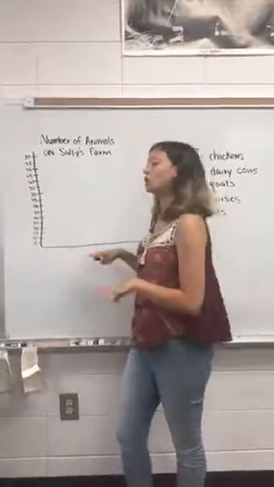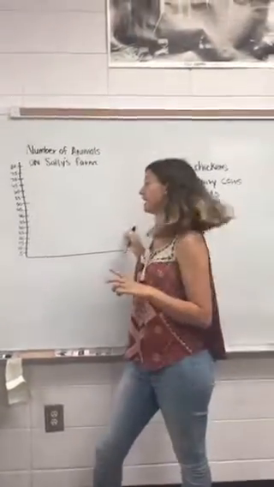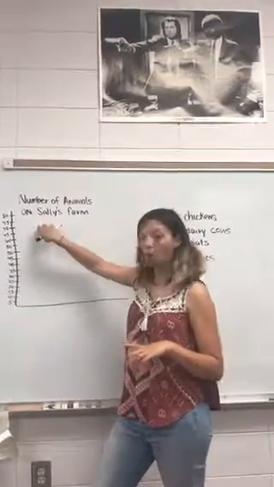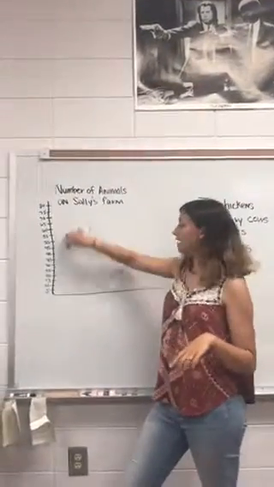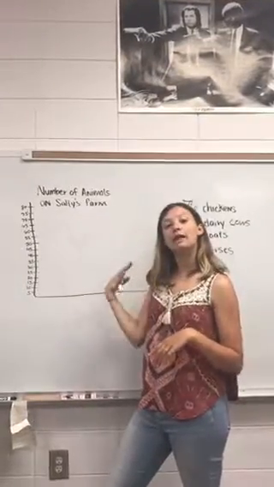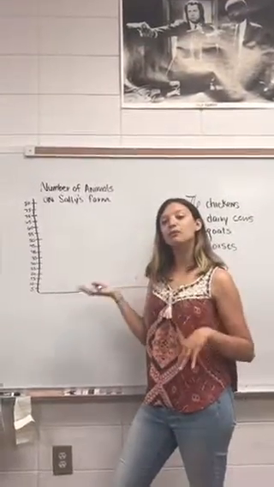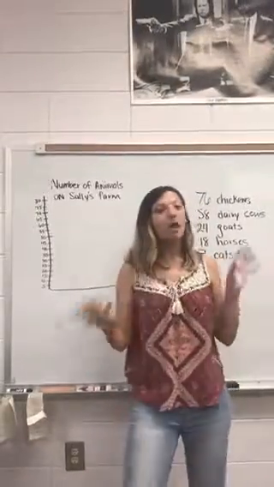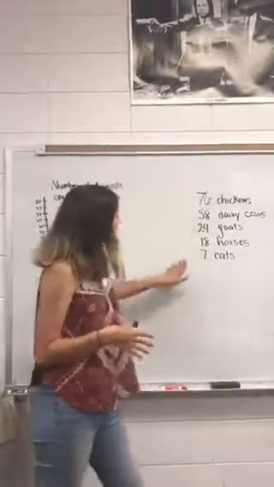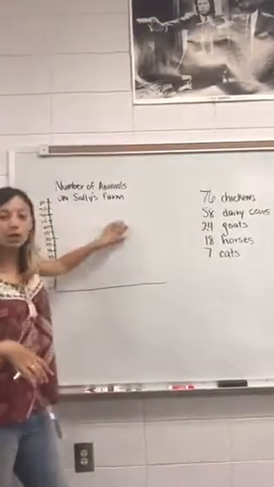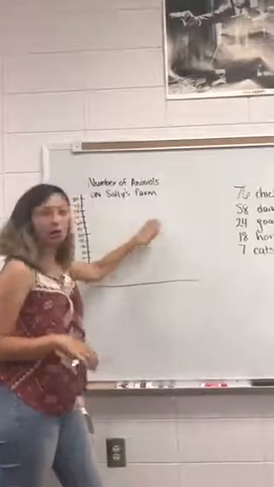The bars are positioned in order of decreasing height, with the tallest bar positioned at the very left. This helps highlight important data and is frequently used in the business world. Today, we're going to use it to look at the different animals and the number of each on Sally's farm.